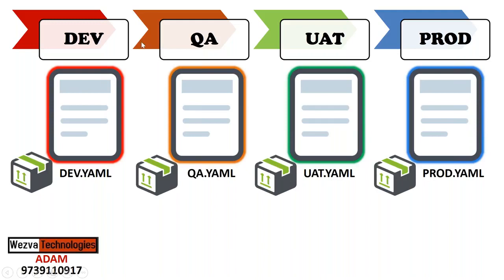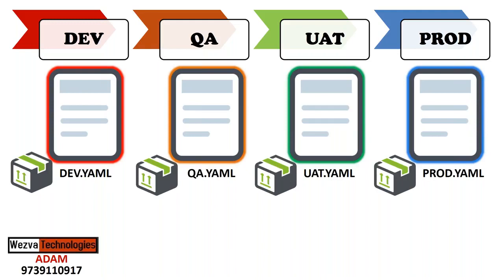Now that's where it will be a little difficult for us to maintain multiple copies of the chart. Because in fact, it's the same chart, but the definitions or values inside it are different.